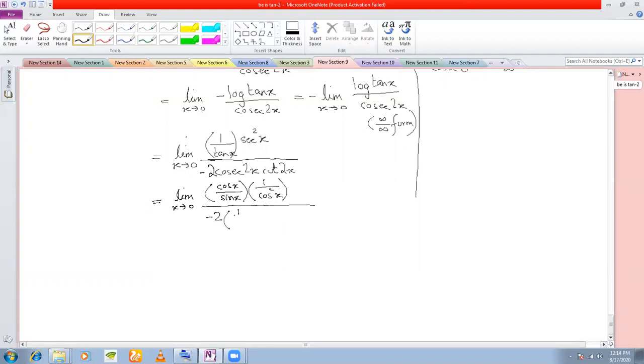Cosec 2x can be written as 1 by sin 2x and cot 2x can be written as cos 2x by sin 2x. Right? A little bit of simplification is required.